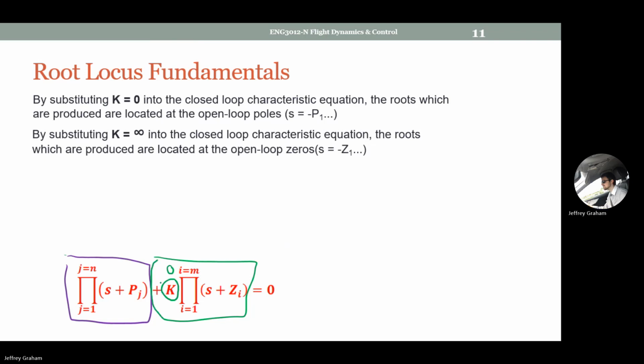And this 0 is effectively cancelling everything out. Anything times 0 is 0. So when the gain is set to be 0, this section doesn't exist. So we obtain the poles.